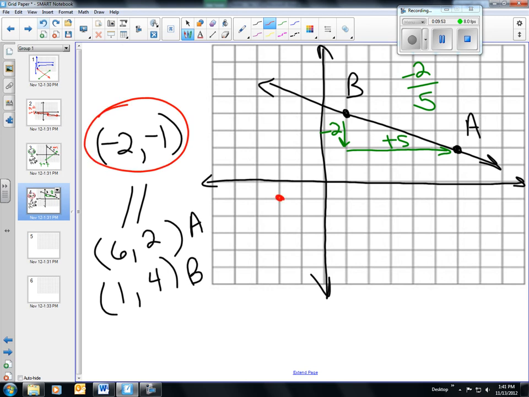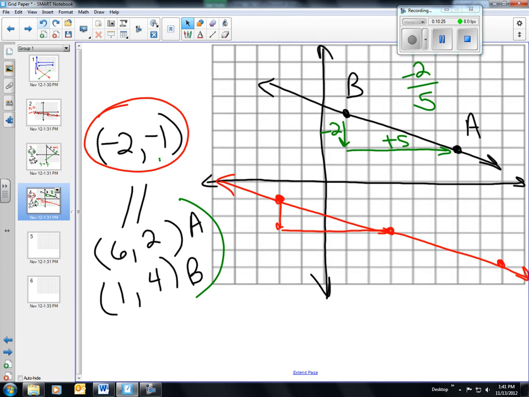So negative 2, negative 1 would be here. And then if it's going to be parallel to that, it has the same slope, so we can just use the same slope of negative 2/5. So we're going to go down 2, right 5. So there's 1 point, down 2, right 5. And then we connect the dots. And that would be the line that is parallel to the given line here, passing through this point here.